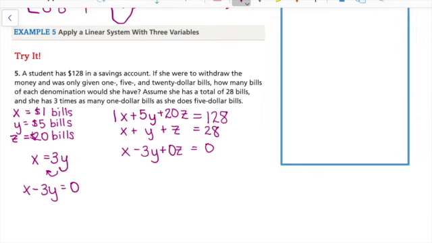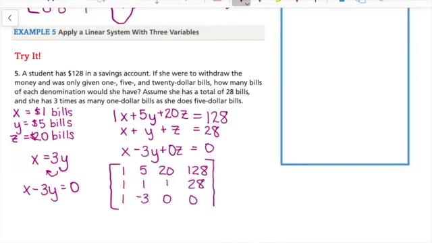So what will that matrix look like when I do the matrix? I'm going to write it out first. So 1, 1, 1, 28, 1, 5, 20, 128, 1, negative 3, 0, 0. So this is the matrix. I am going to type in my calculator.